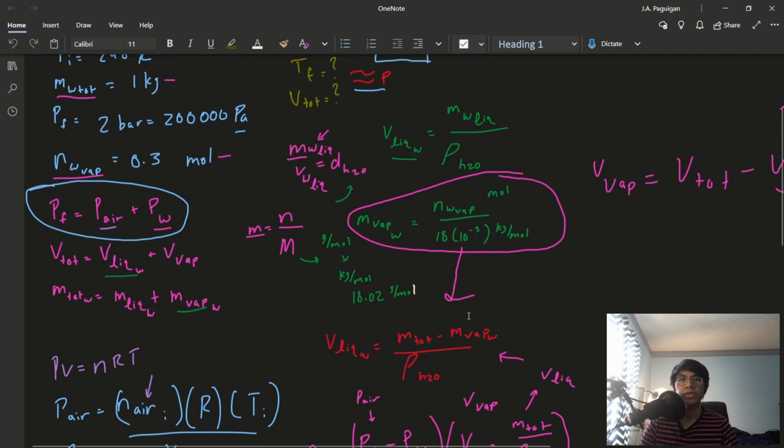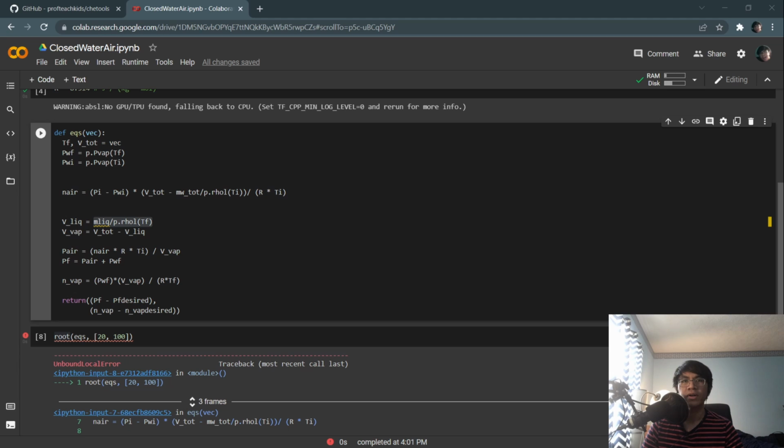That comes through here, where we could have substituted the mass of the vapor in the volume of the liquid derivation. In our volume liquid, did I make a mistake again? Okay, I guess my code is just completely wrong at this one part. It doesn't really change our relationship; it was just rewriting this equation.